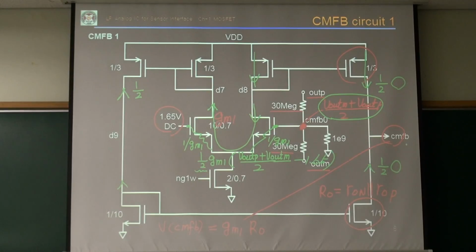So if I have RO there, twice the current flows through RO. It will generate GM1 RO times 1/2 of the common mode output voltage minus the reference voltage, right?